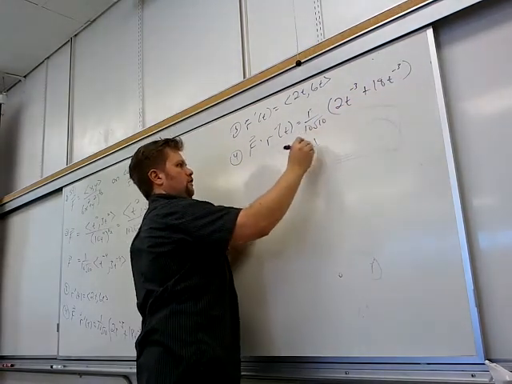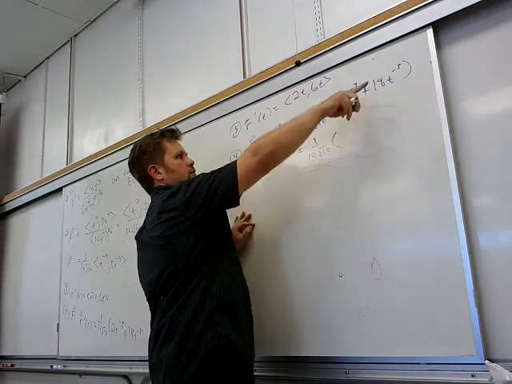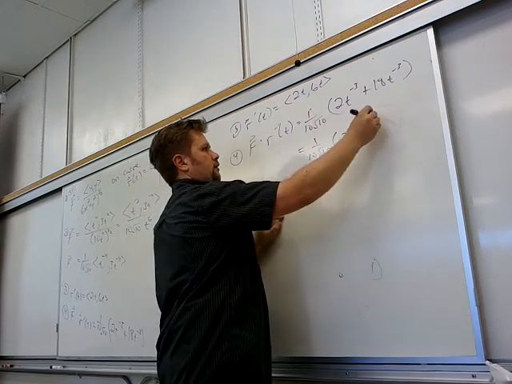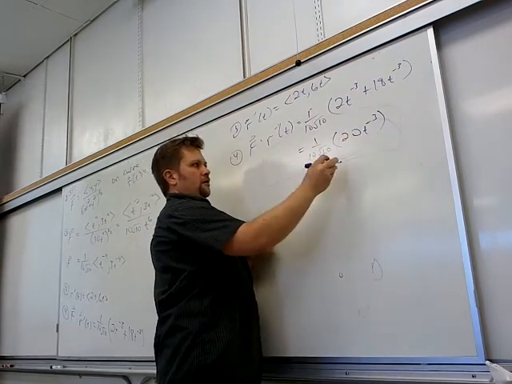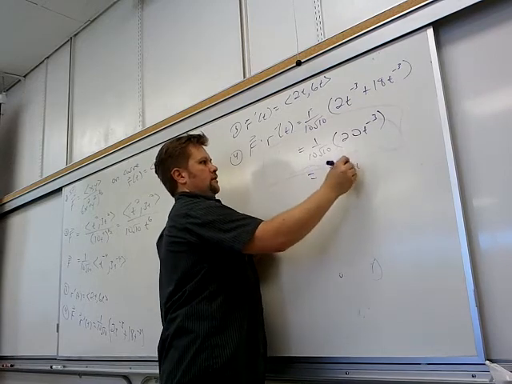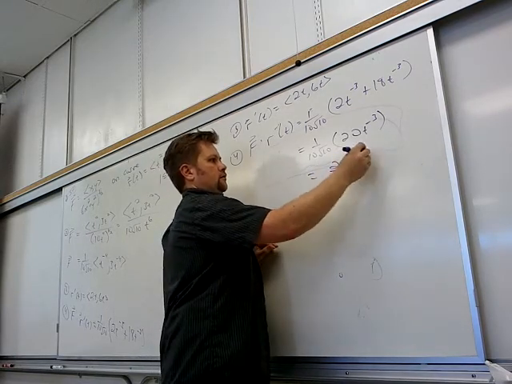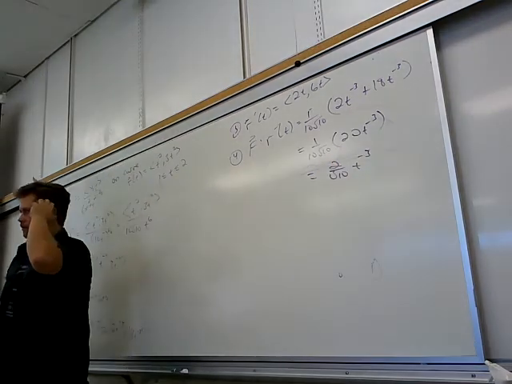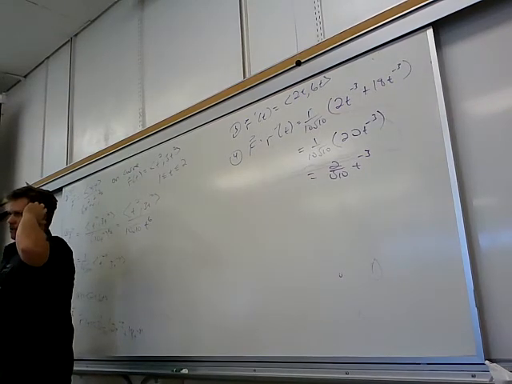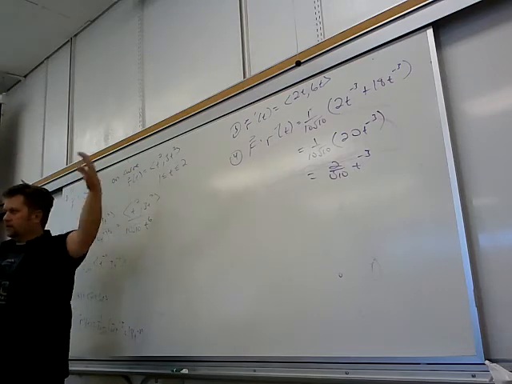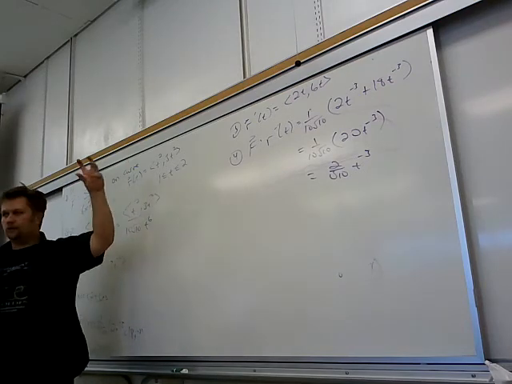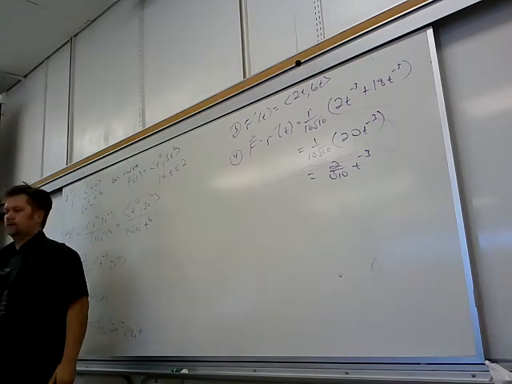So I end up with 1 over 10 root 10 times 20t to the negative 3, or 2 over root 10 times t to the negative 3. Phew. Okay. My golden rule is simplify as much as you can before you have to do the next big thing to it. So simplify that down. Now you just have to integrate that.